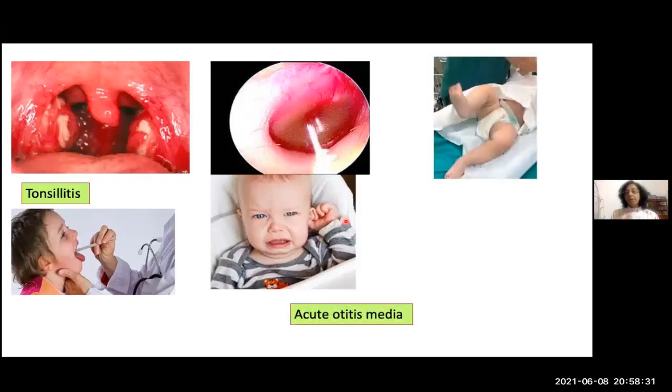So look at this baby. He's nicely moving the right leg, but you can see there is paucity of movement of the left leg. He's keeping the hip slightly flexed and it's kept still. So unless you observe this baby carefully, look at the movements and then ask the mother, did you notice any reduction in movement of this limb?